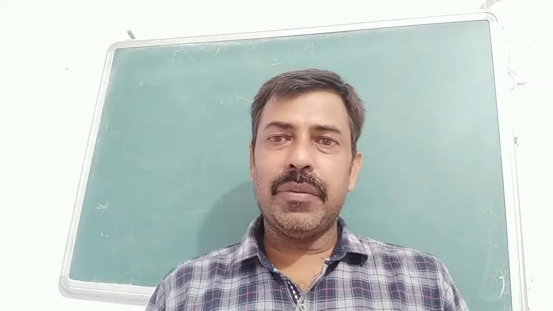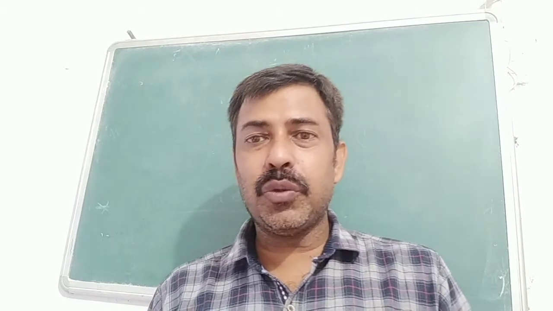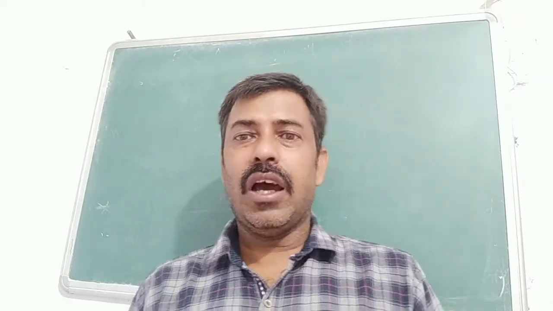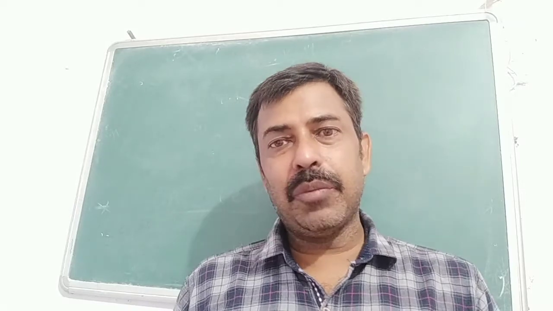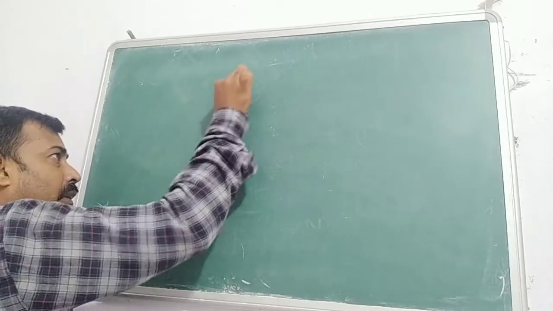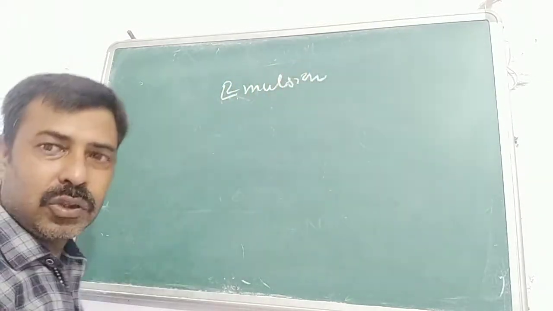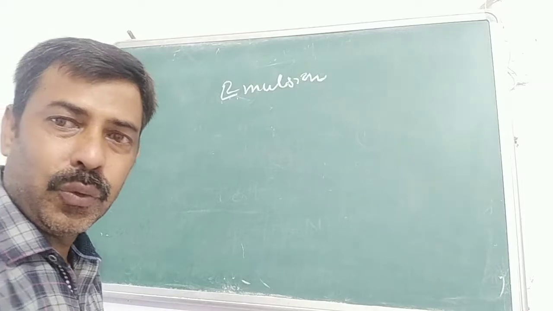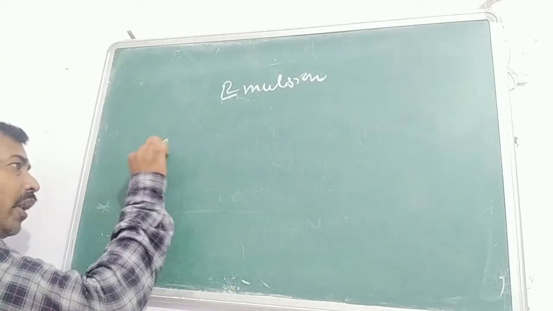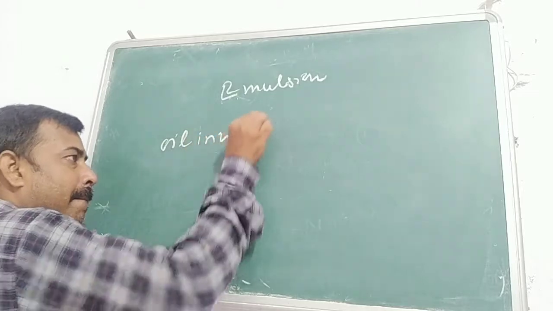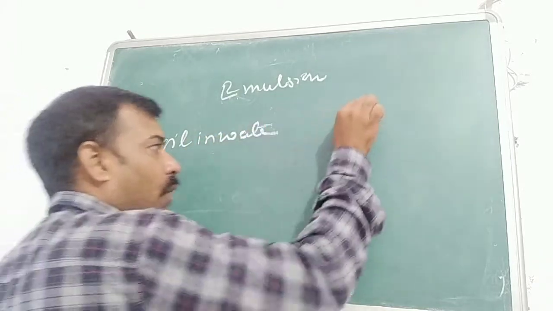In the case of an emulsion, the droplets of the dispersed phase are mixed with the dispersion medium to form the emulsion. Emulsions are classified into two types: oil in water and water in oil.